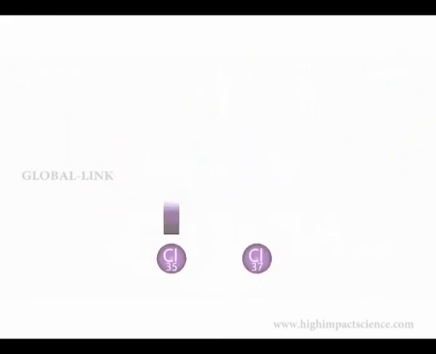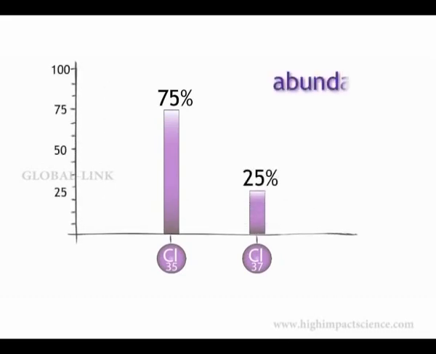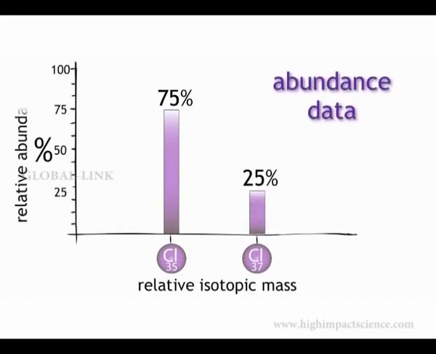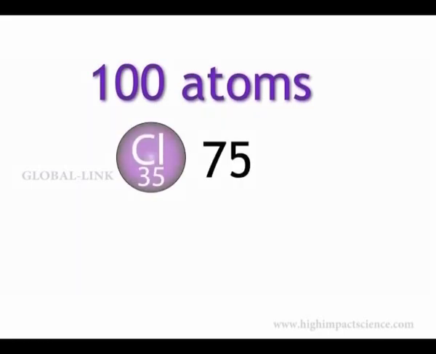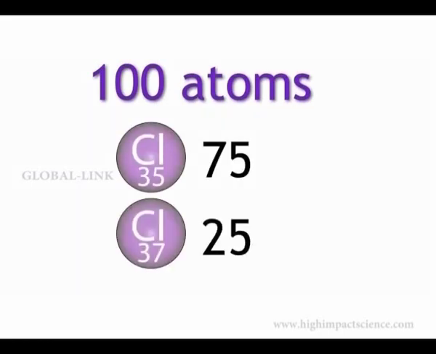Naturally occurring chlorine is made up of 75% chlorine-35 and 25% chlorine-37. So say we had a random sample of chlorine atoms, we would have 75 atoms of chlorine-35 and 25 atoms of chlorine-37. We thus find the total mass of the sample.